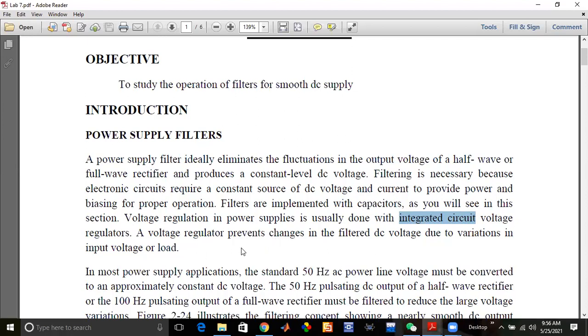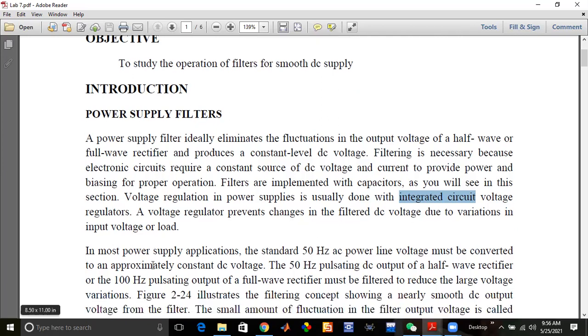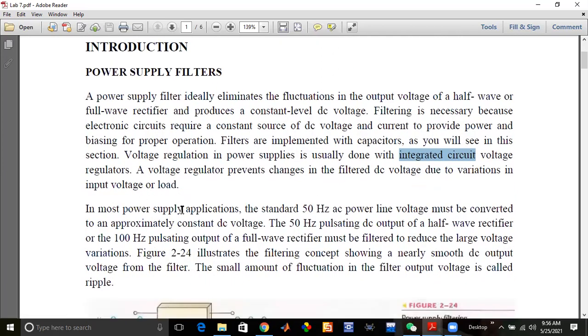When the regulator IC model number starts with 78, it is positive, and when it starts with 79, it is negative. A regulator is required to prevent changes in the filtered DC voltage due to variation in the input voltage or the load.